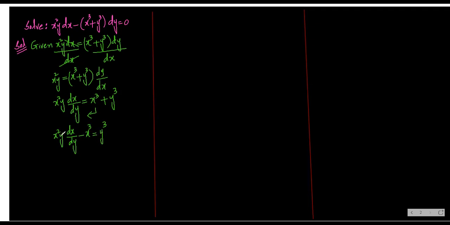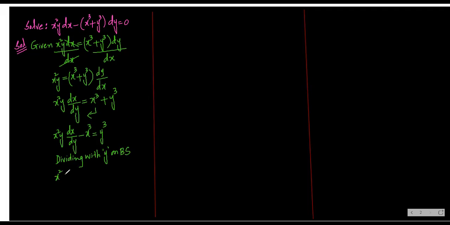Now to remove this y term from here, what do we have to do? Divide by y on both sides. If you divide with y, what happened here?